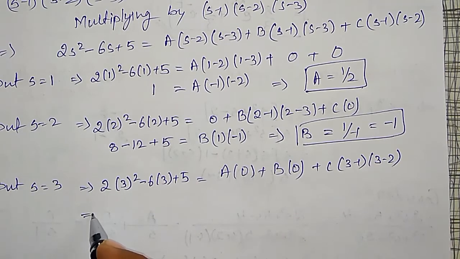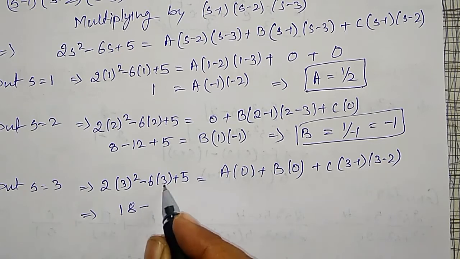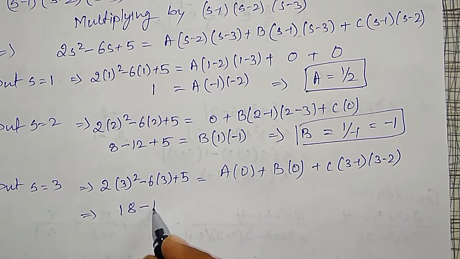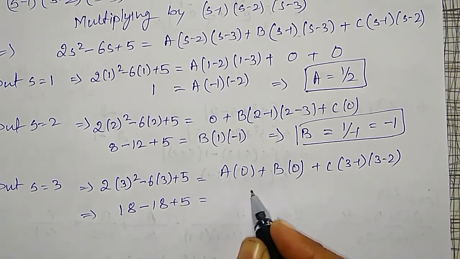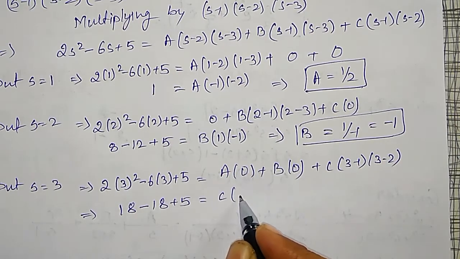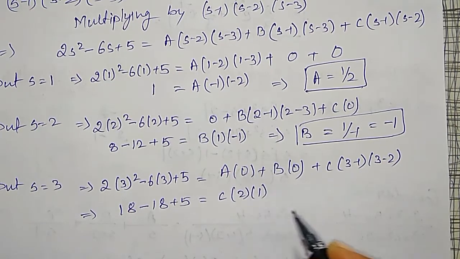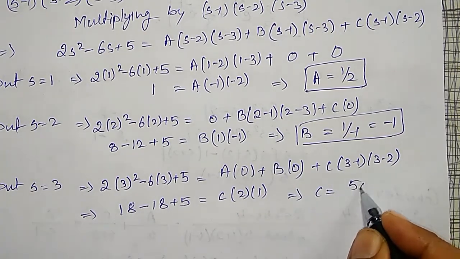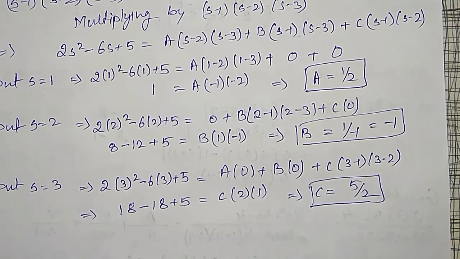That is, 3 squared is 9, 9 into 2 is 18, minus 6 into 3 is 18, plus 5 equals C into 2 into 1, which implies 18 cancels, and C is 5 divided by 2.